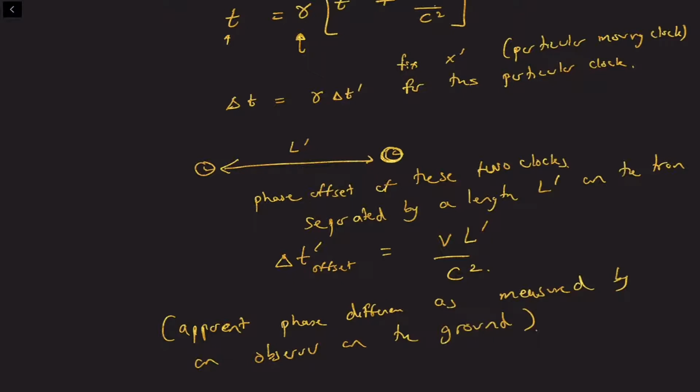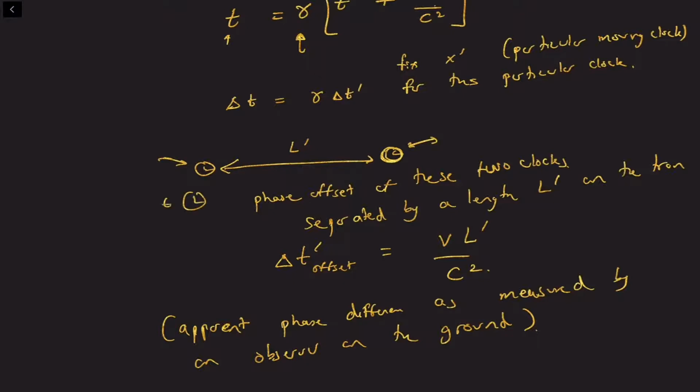And this observer on the ground would see the clock over here and the clock over here, as measured at the same instant of time according to the ground observer's clock.